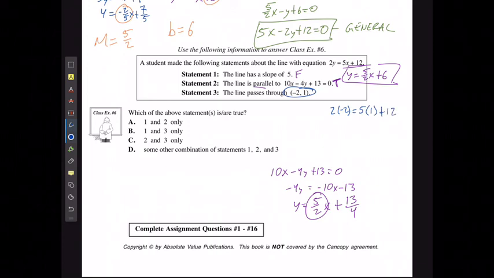Oh, sorry, I did those backwards. 2 times 1 is equal to 5 times -2 plus 12. 2 is equal to -10 plus 12. 2 is equal to 2. It balances out. That statement is also true. So, which of the above statements are true? The answer is C. 2 and 3 are both true.